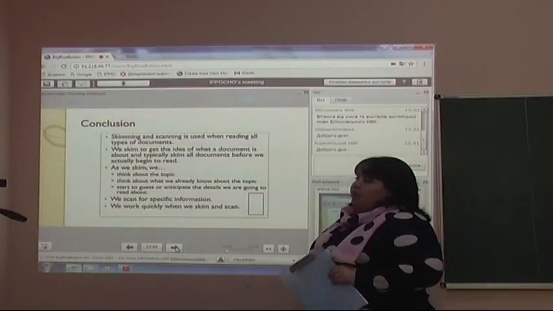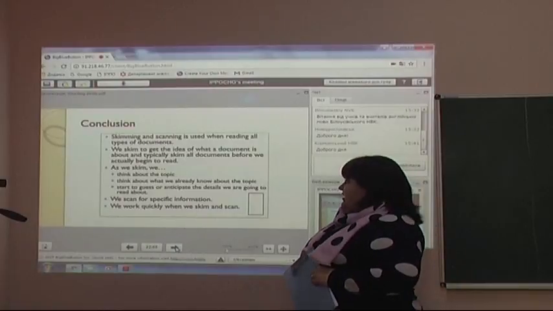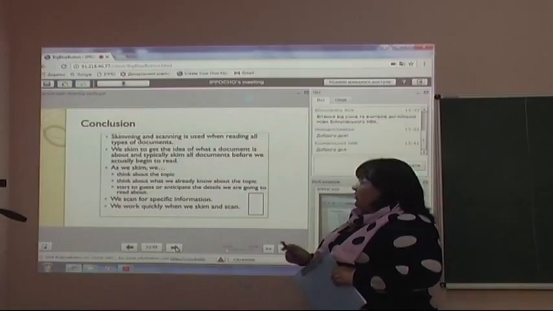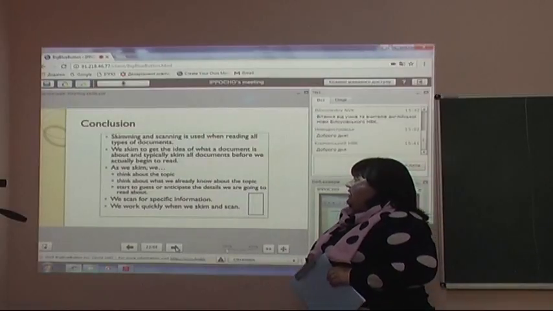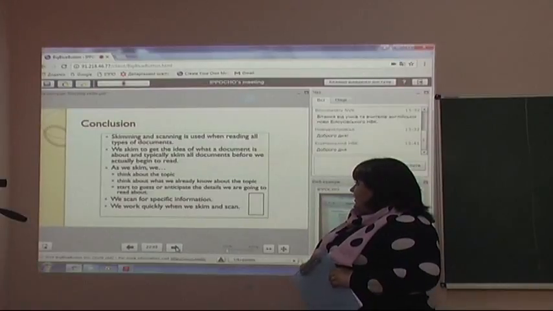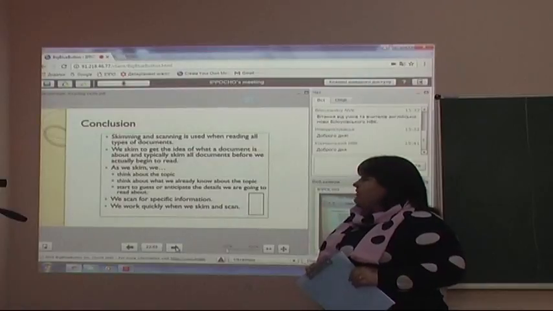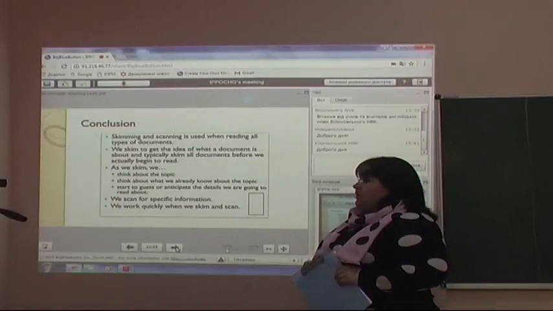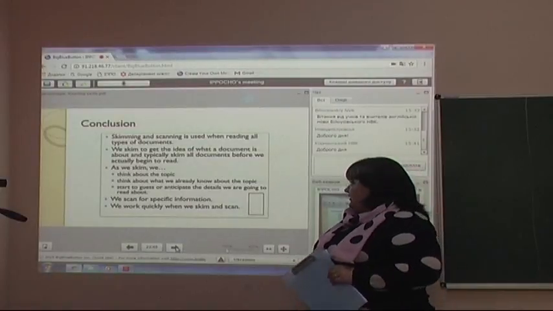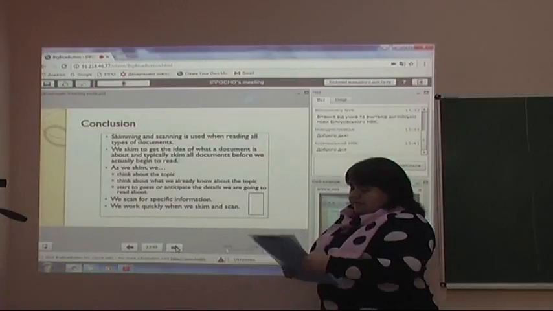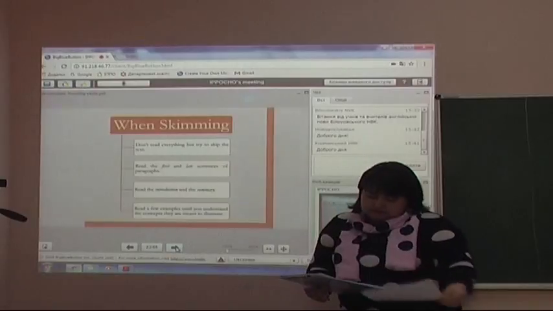As we skim, we first think about the topic, then think about what we already know about the topic, and start to guess or anticipate the details we are going to read about. We scan only for specific information we need. We work quickly when we skim and scan.